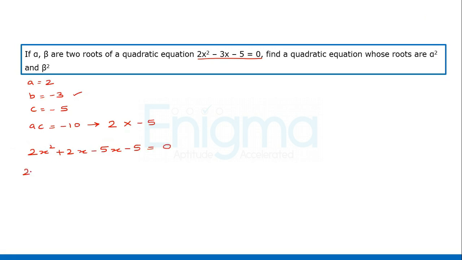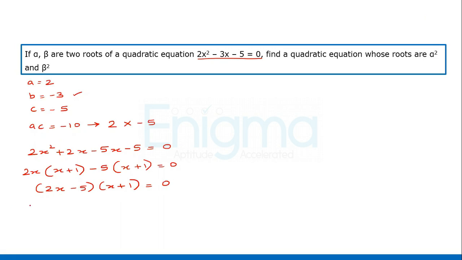So taking 2x common, we will have here (x + 1), and taking −5 common, we will have again (x + 1) equal to 0. So therefore (2x − 5)(x + 1) = 0.